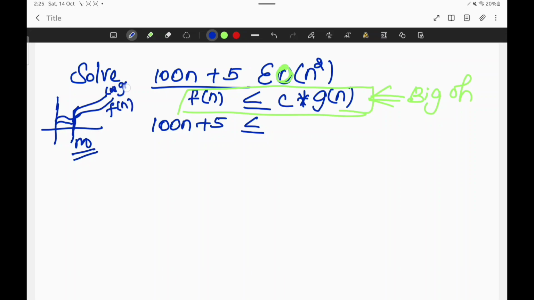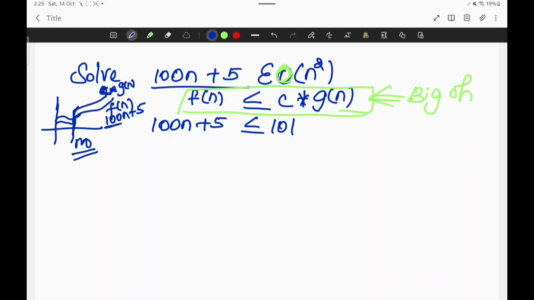What is f of n? 100n. So definitely the value will be greater than 100. So assume we take 100 as 101. Let us assume c is a constant value, so we randomly assume c as 101.